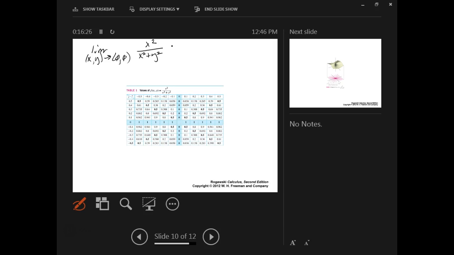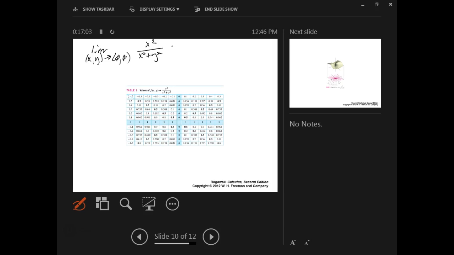Y is equal to 3x, I think you get 0.3. Yeah, it's all over the place here. Coming in this way, it's 0.8, and this way it's 0.8, and this way, and this way. So there's yet another one, and so it doesn't have a limit. That's the point. Okay.